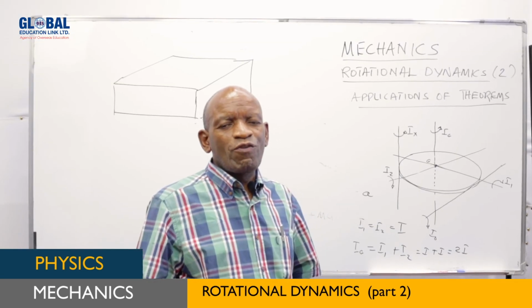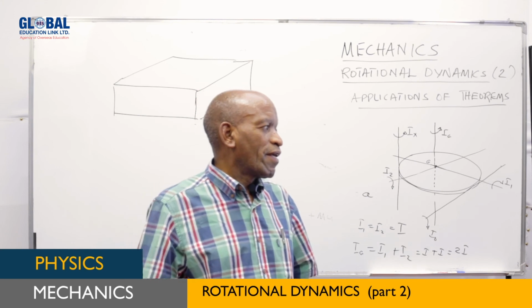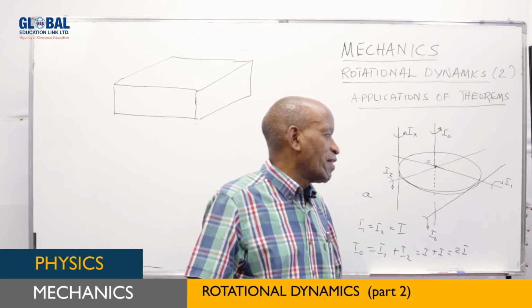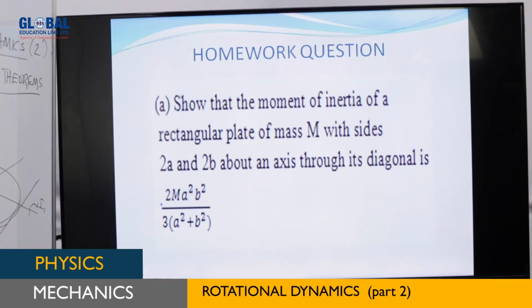Okay, students, let's go for the homework. This is the question for your homework. There are two parts, A and B. A goes like this. Show that the moment of inertia of a rectangular plate of mass m with sides 2a and 2b about an axis through its diagonal is 2ma squared b squared divided by 3 times (a squared plus b squared).